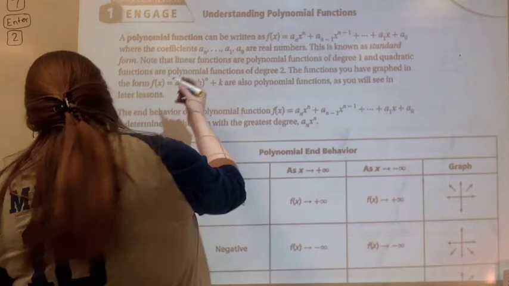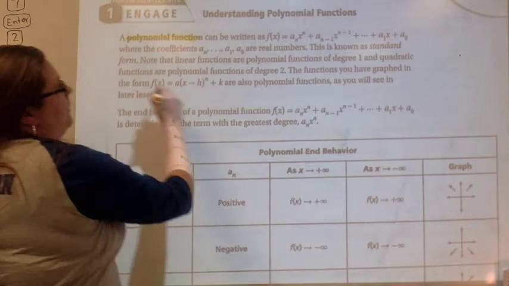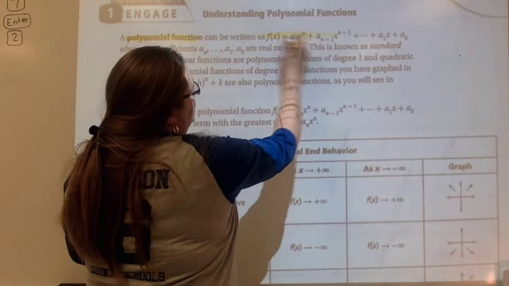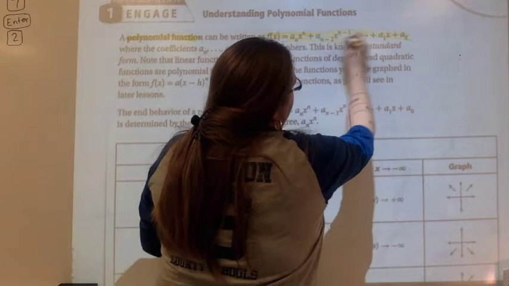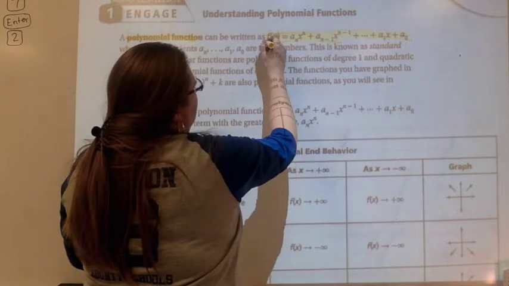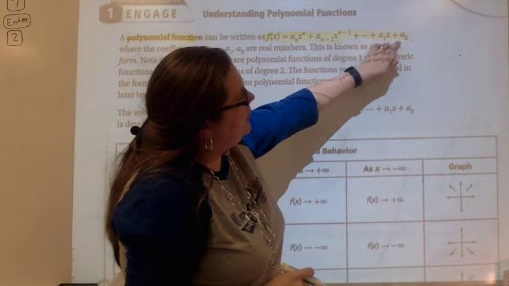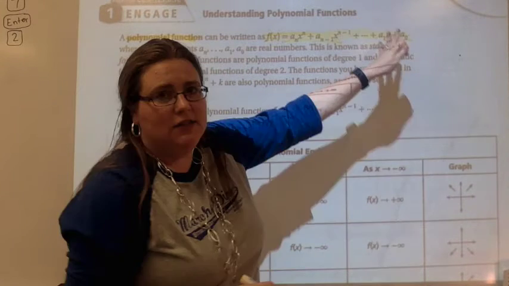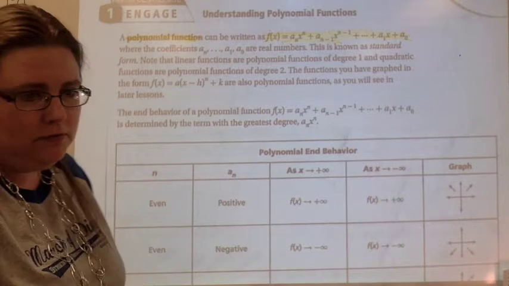When you come back, highlight the polynomial function and that it can be written in this form. Go ahead and highlight this whole thing. The reason I want you to highlight this whole thing is because at the end, it shows you the a sub 1 times x plus a sub 0. So it counts this as standard form. So make sure that you highlight both of those.